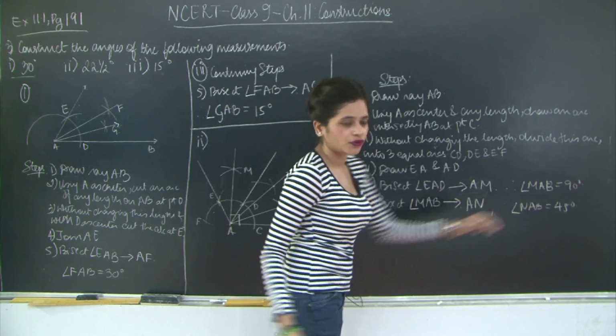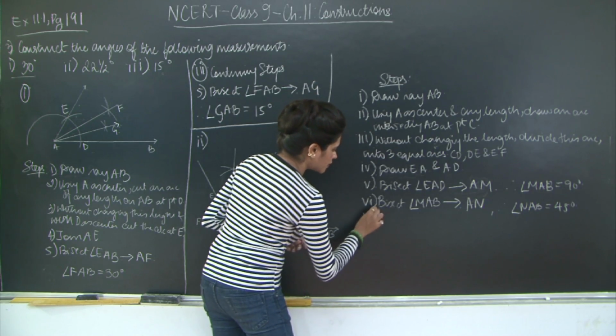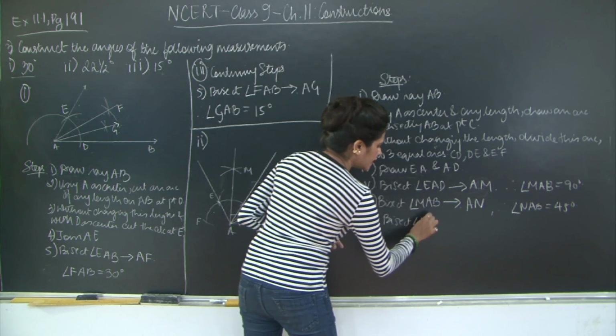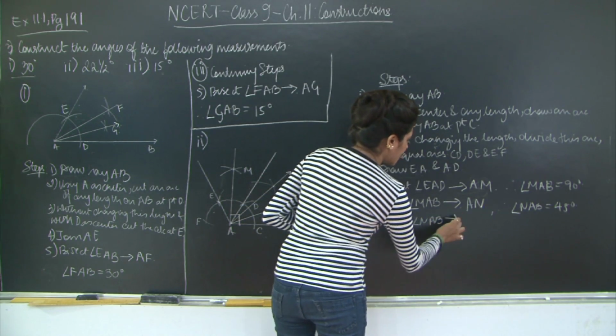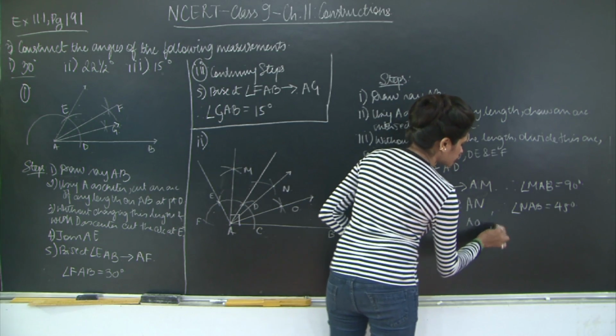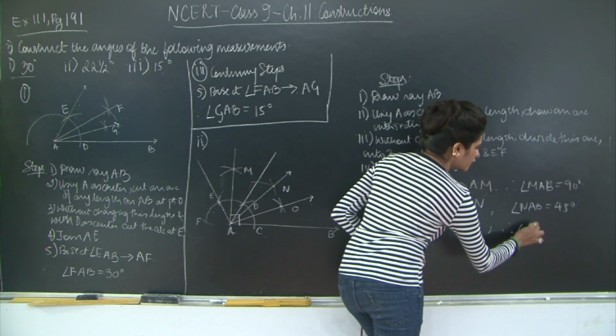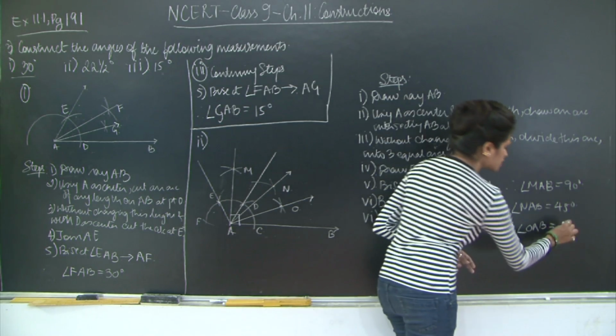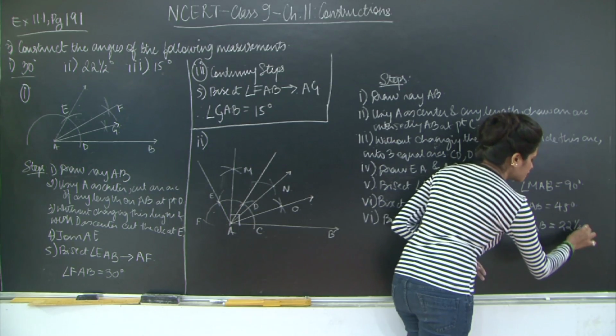Therefore angle NAB is 45 degrees. Sixth one, bisect angle NAB and you call the bisector as AO. Therefore you get angle OAB is equal to half of 45 degrees, right, which is 22.5 degrees.